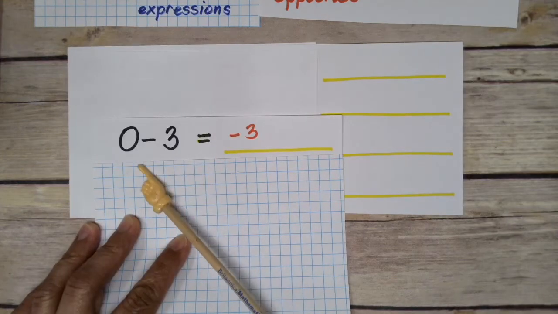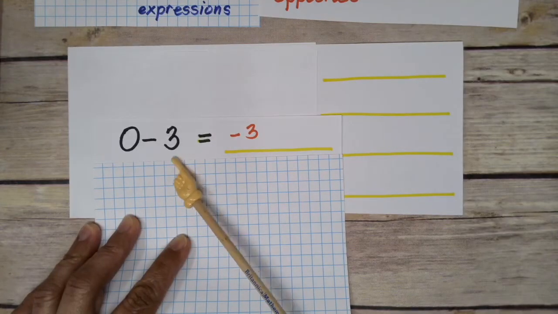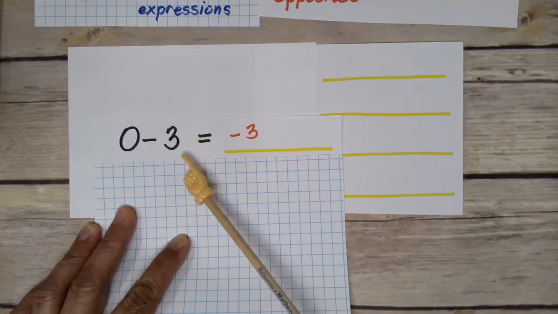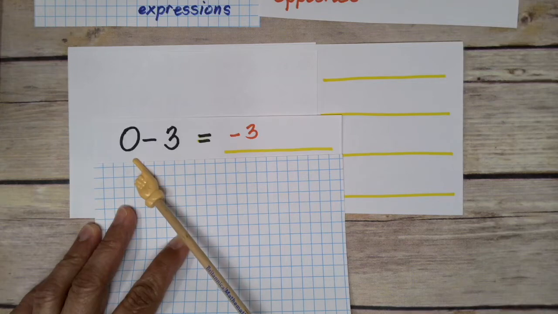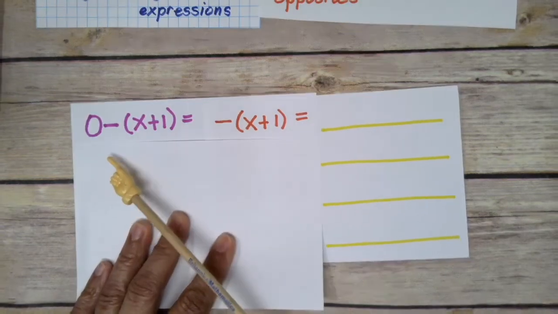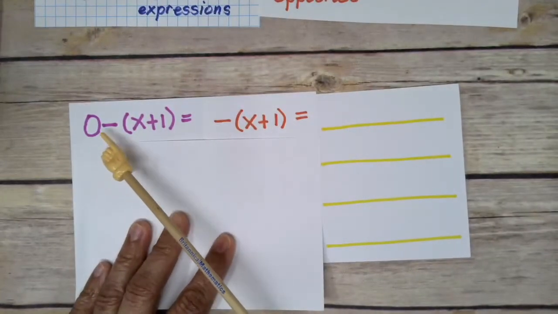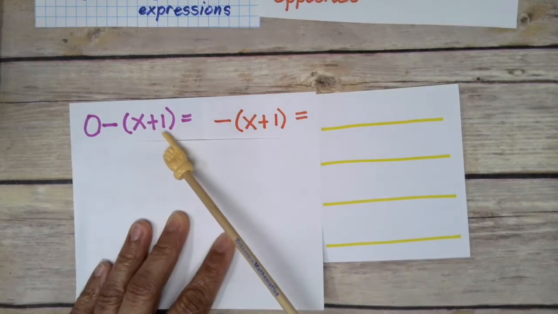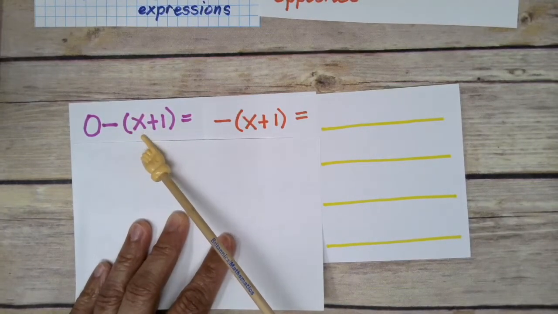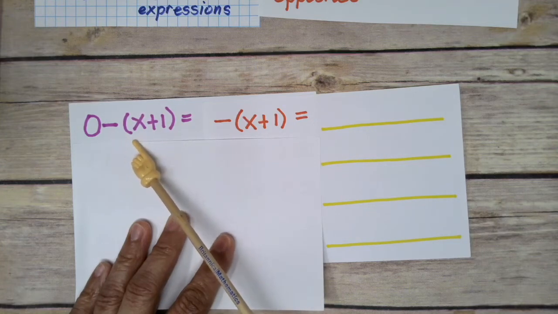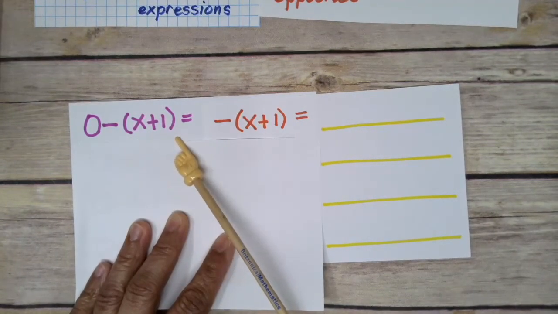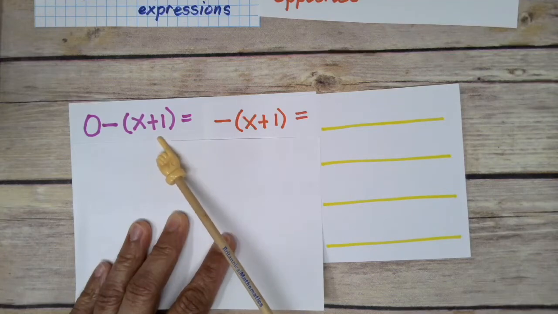In this problem, we can see that the difference of 0 and a number is simply the opposite of the number subtracted from 0. Here, we are subtracting from 0 the sum of x and 1. As you can see, x plus 1 is inside the parentheses, so our subtrahend is the expression x plus 1.